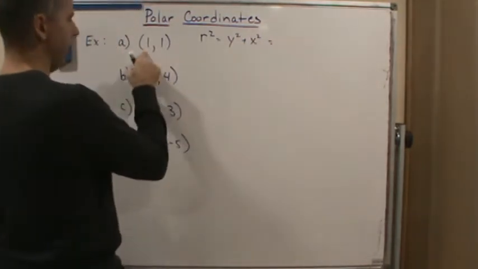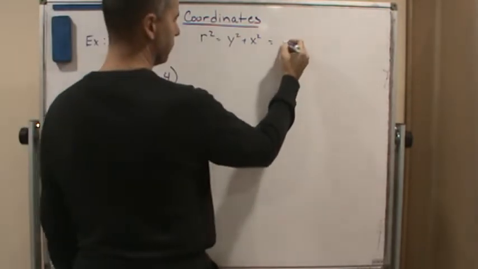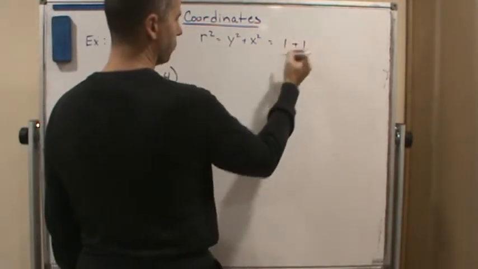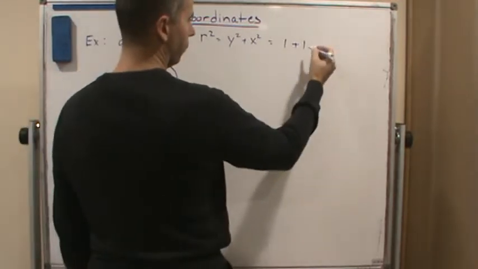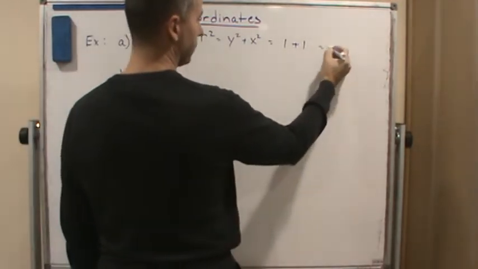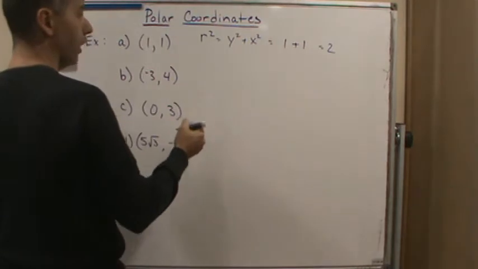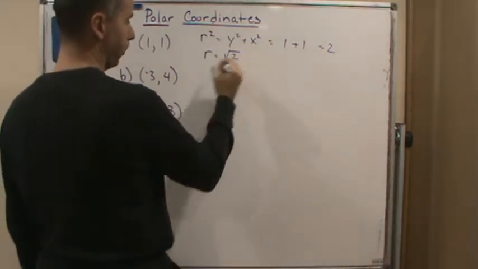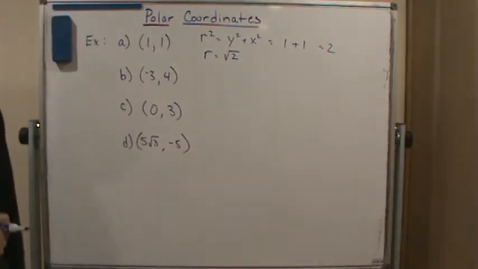Here x is 1 and y is 1, so this is going to be 1 squared plus 1 squared. 1 squared is 1, 1 squared is 1, so we just get 2. So r is equal to the square root of 2. So that's the first one.